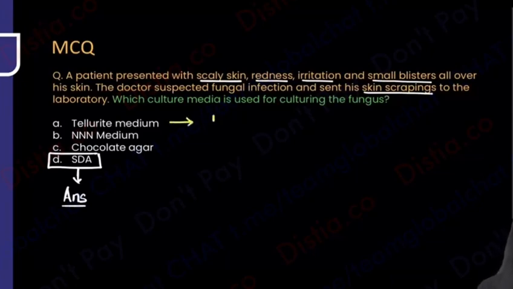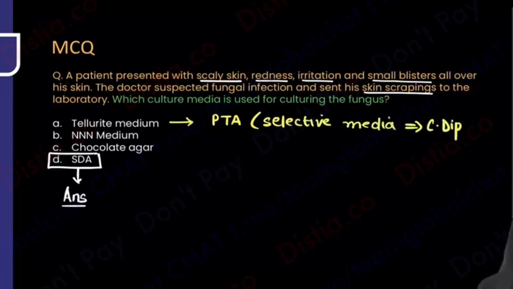So when I talk about potassium tellurite agar, do you all remember this was a selective media? This was a selective media that you had for Corynebacterium diphtheriae, right? Yaad aa gaya? Okay. When we say triple N, I had told you NNN media is used in two things. Number one, it is Leishmania, that is Kala Azar, and the other one is going to be Trypanosoma cruzi.